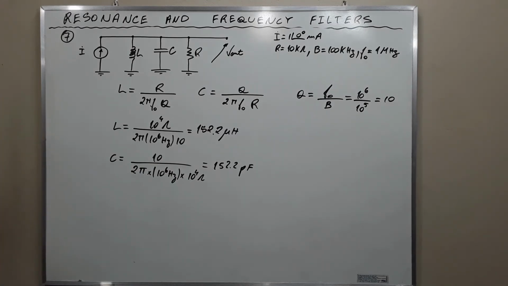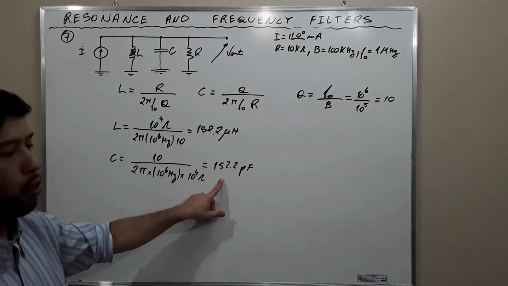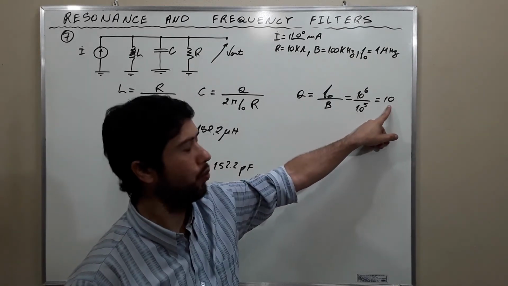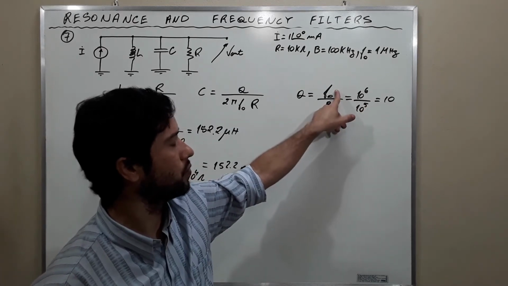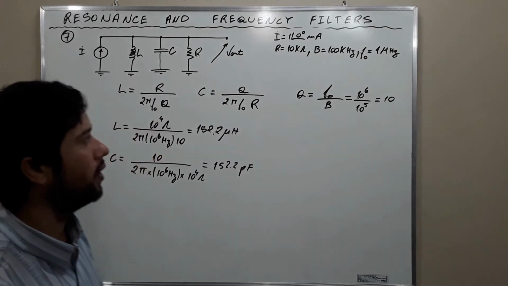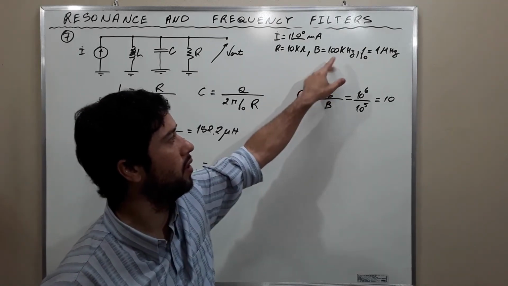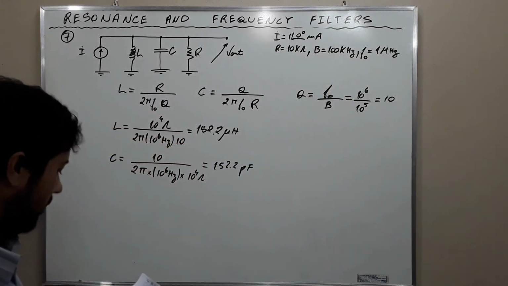These are the values of the inductance and the capacitance when the quality factor is 10, which means that the resonant frequency is 10 times the bandwidth. And in this case, the bandwidth is 100 kilohertz and the resonant frequency is 1 megahertz.